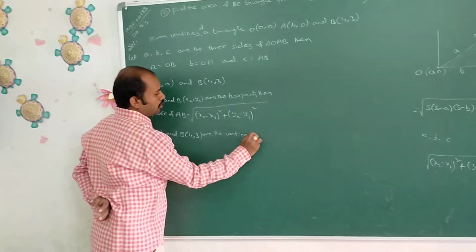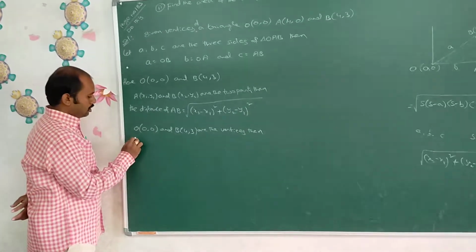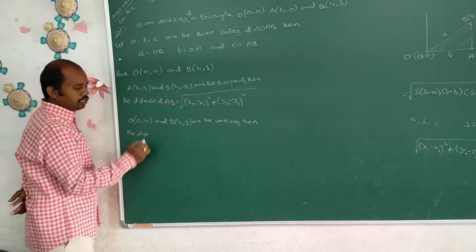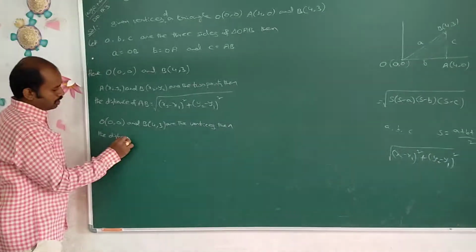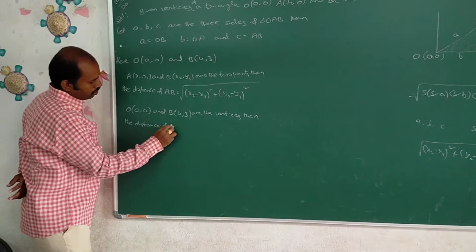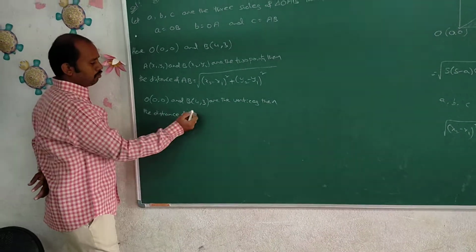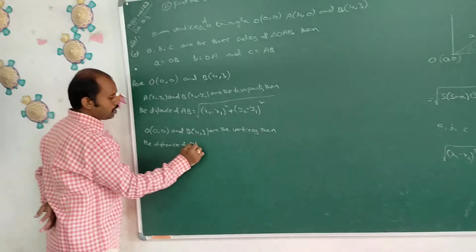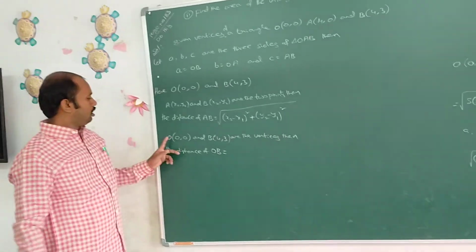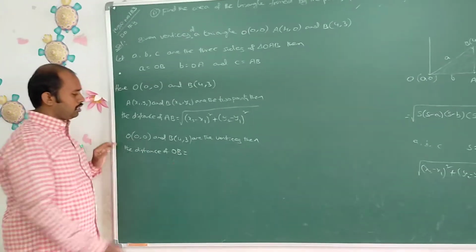Then the distance, or the length, of OB. Here it means OB, origin and the vertex B.